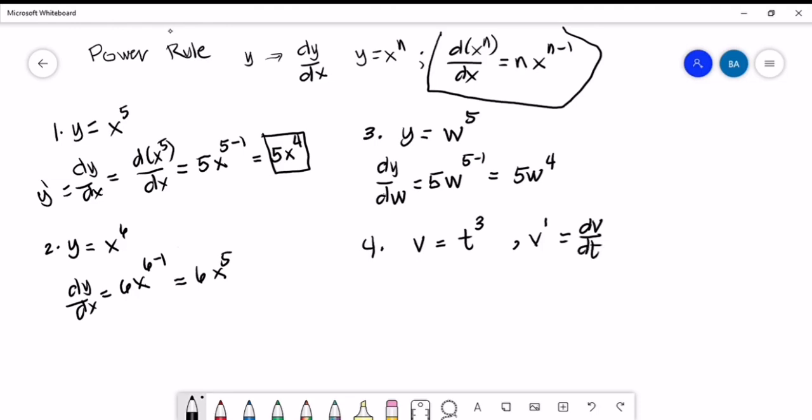This is also our y prime, with respect to w in the previous case. Here, dv with respect to dt, because we are deriving the function v with respect to t. Automatic, dv/dt is equal to, bring down the exponent 3, t raised to 3 minus 1, so 3t raised to 2. This is our answer.